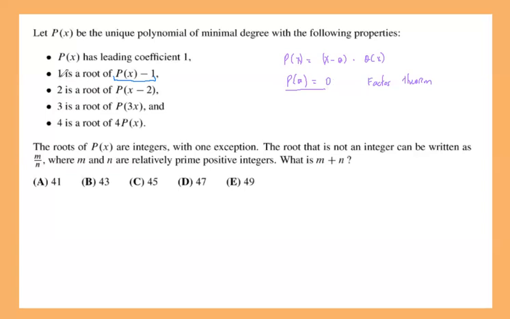So I can say that p of x minus 1 can be written as x minus 1 times something, which I'm going to call quotient 1, multiplied to get this polynomial. I hope that makes sense, so make sure you understand this before you move on. What I'm trying to say is that this polynomial is divisible by x minus 1, because if you plug in x equals 1, it will be 0.